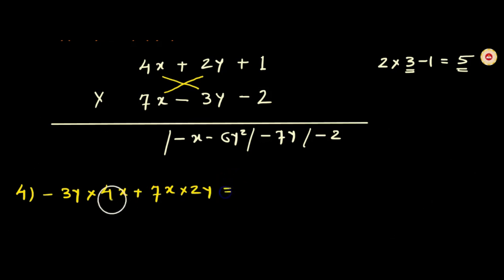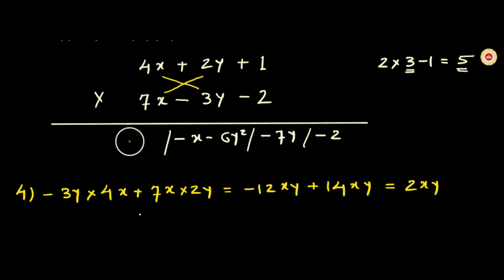okay, which is equal to minus 3y multiplied by 4x, 4 3s are 12, minus 12xy, correct, plus 7 2s are 14, 14xy, which is equal to 14xy minus 12xy, 2xy. So 2xy is the answer of fourth step. Draw a slash. Step number 5.